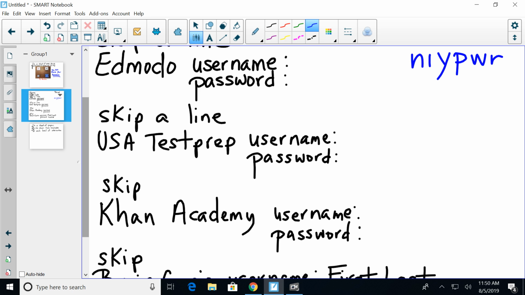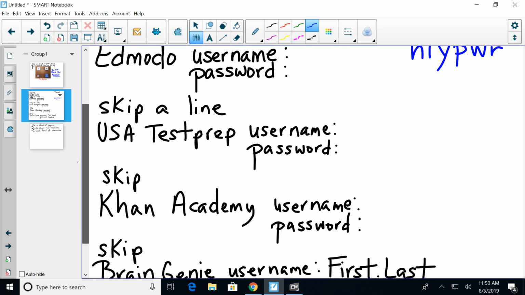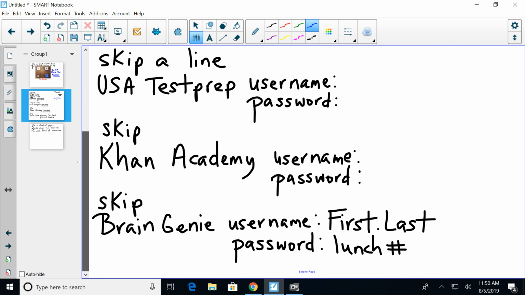We utilize each of these resources throughout the year. As your information is given to you, you need to make sure that you record it in your book. And then the last one is Brain Genie. Make sure you skip a line between Khan Academy and Brain Genie.